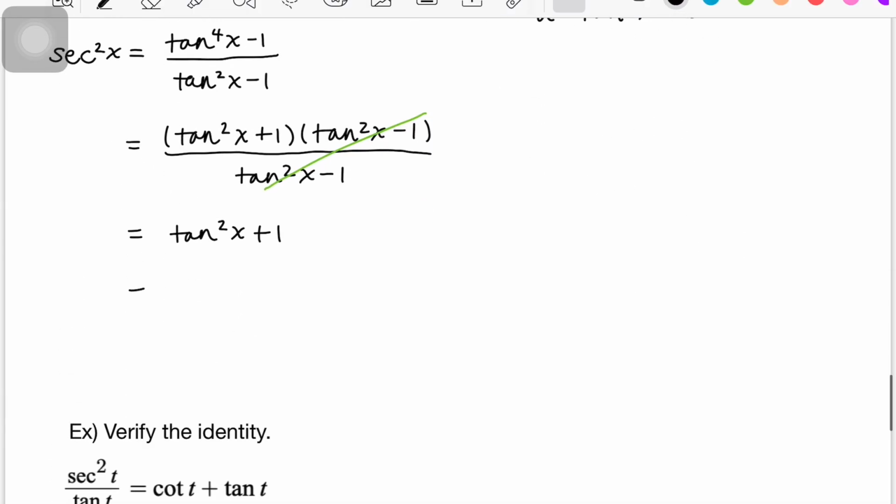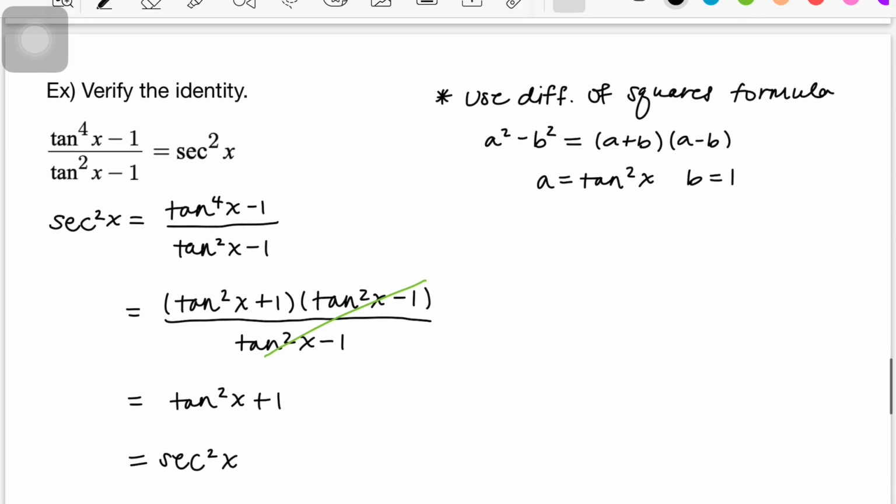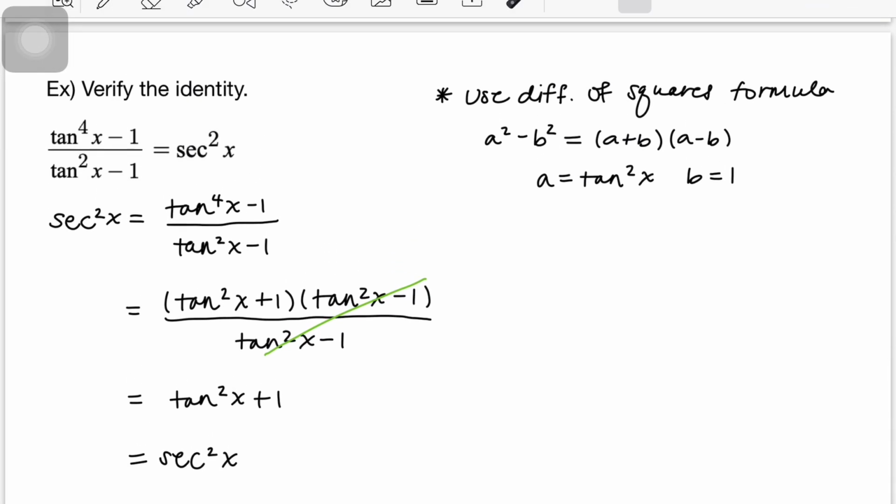So, completely simplifying this using that identity, we end up with secant squared theta. Now notice the left-hand side of our equation is exactly equal to the right-hand side of our equation. So we have verified that the identity we started with is in fact true.